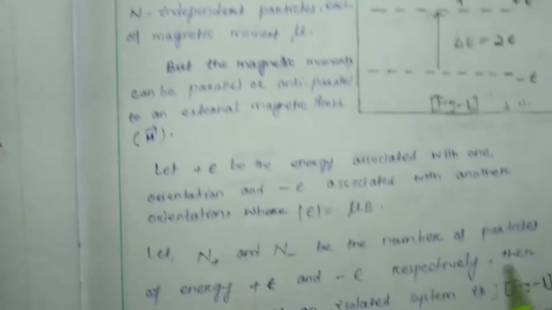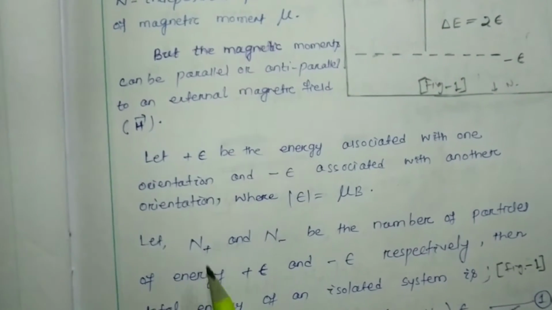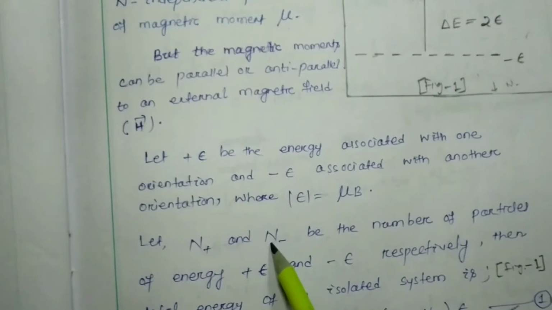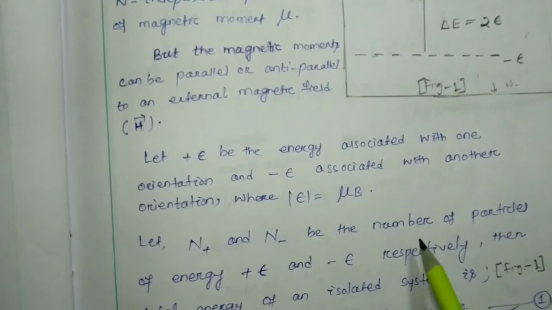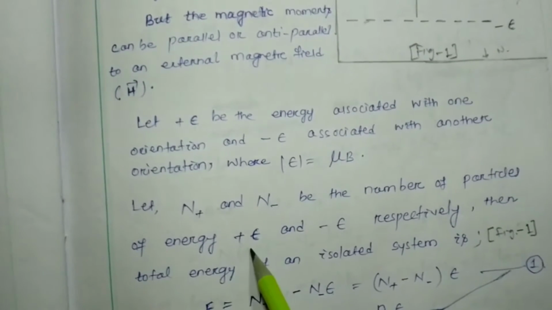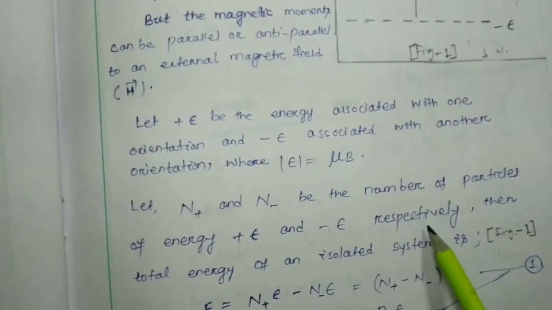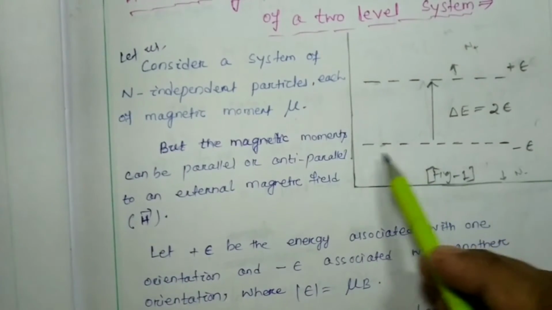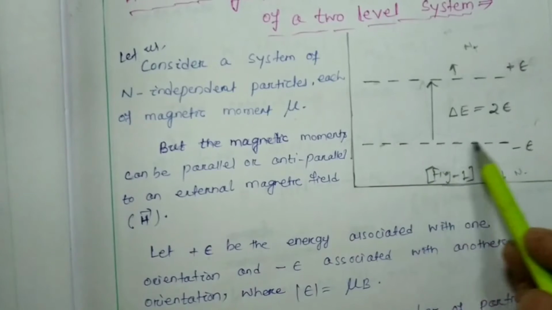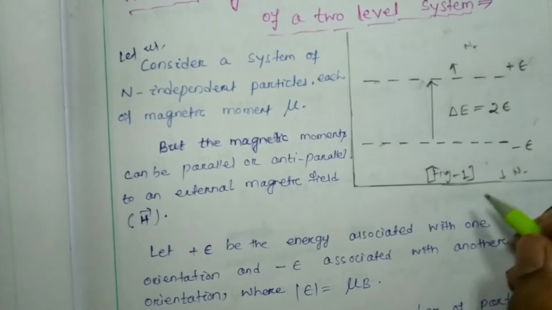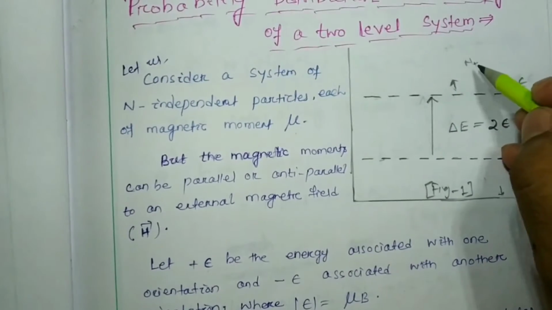Let N plus, capital N with plus in subscript, and N minus be the number of particles of energy plus epsilon and minus epsilon respectively. That means for the lower energy level the particles are N minus, and for the upper energy level the particles are N plus.